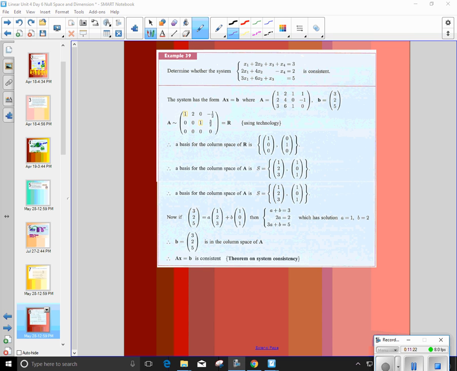And then I just want to finish up with this consistency check. So we want to see if a system is consistent. Consistent means that there's a relationship between your values, I think it's the column spaces, and the answer 3, 2, 5. There's a connection between those. They're consistent.